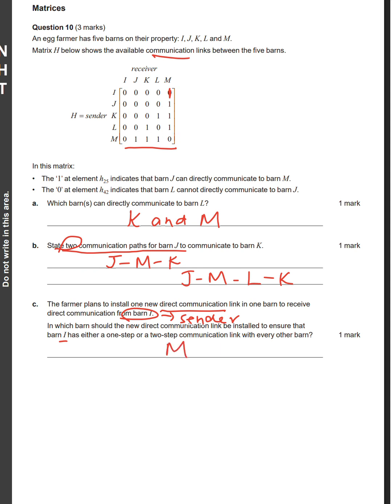So that means that M is the one that has to be there. Now, it could communicate with J, because J could then communicate to M, and then it could communicate with K, but M is the most logical one for it to get to.